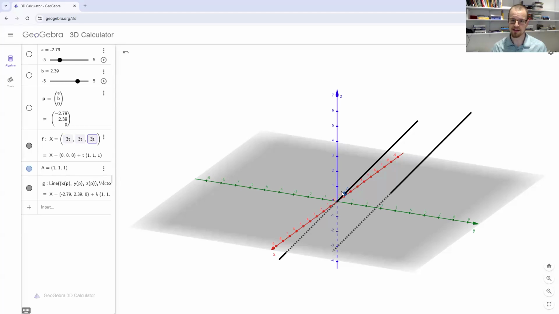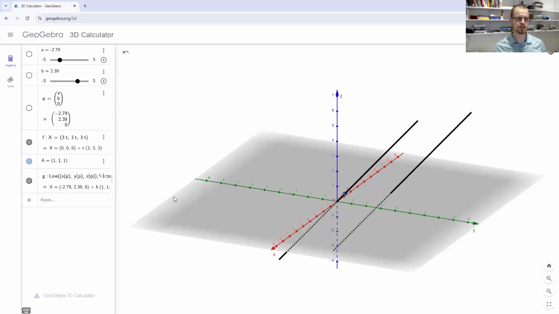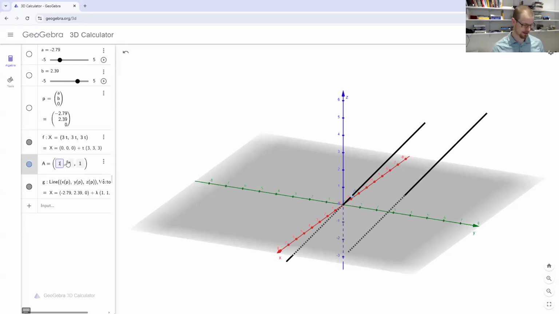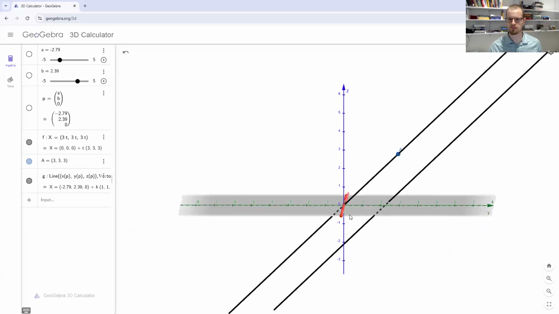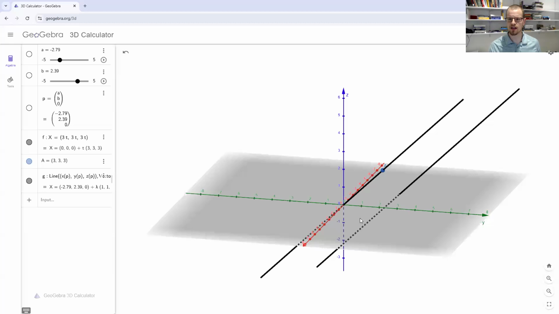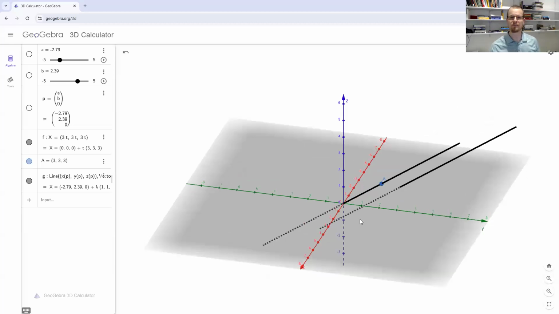So that's looking at this line right here. Oh, the line didn't change at all. And the point 1, 1, 1 becomes the point 3, 3, 3. Okay, is that really different? Did I change anything? Yes and no.